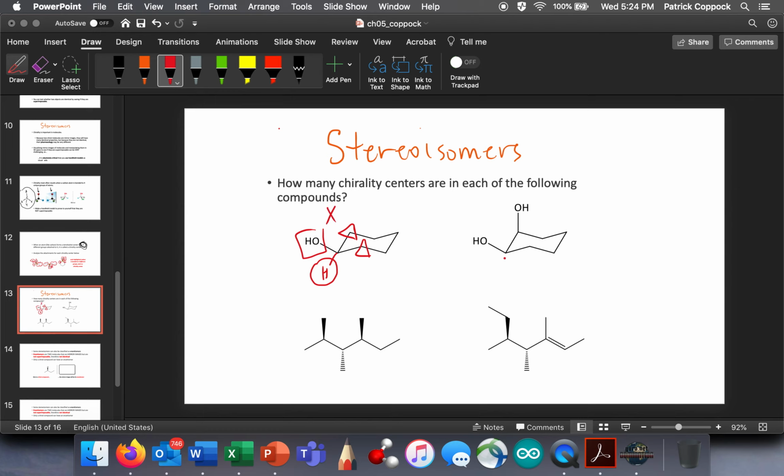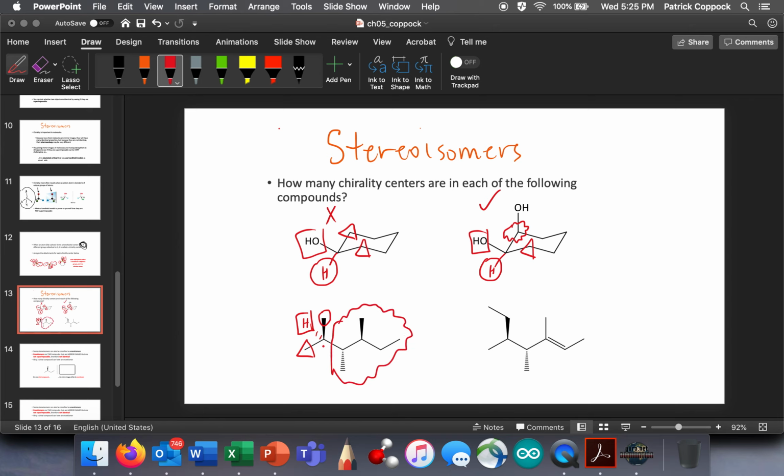What about this one? Here's a hydrogen, right, square, circle, triangle. Oh, look over on that side. That is not a triangle, right? It's not the same thing. So this is chiral. What about this one? There's a hydrogen here, right? Square, circle, triangle, and hairball.